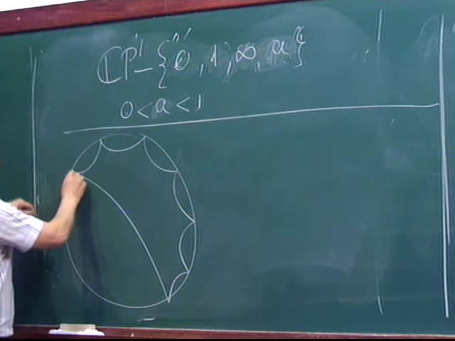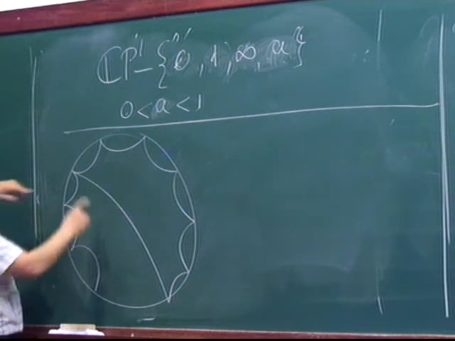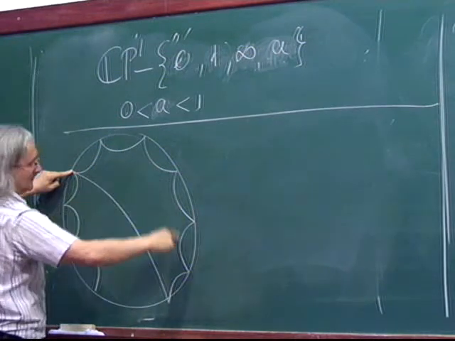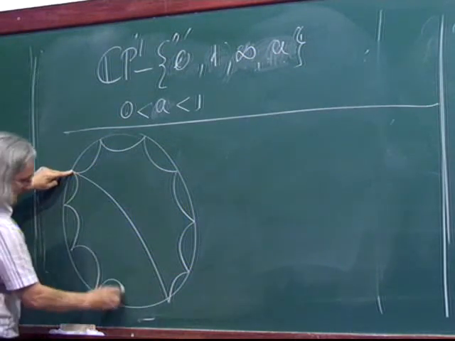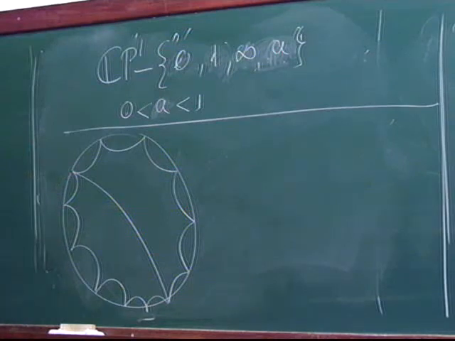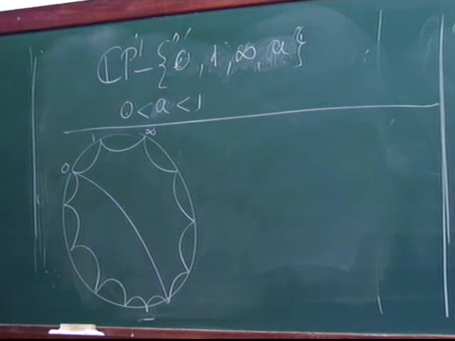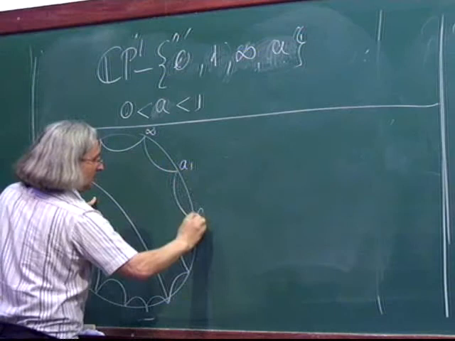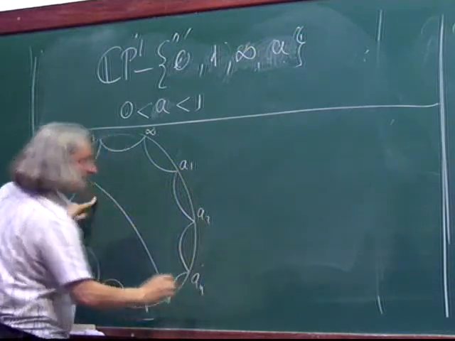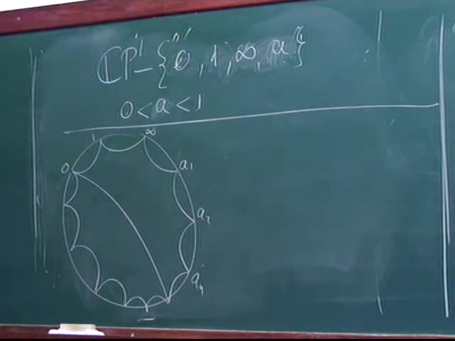Take its reflections. And this is the same game. But now, you can fix 0, 1, infinity. And now the parameters are the A1, A2, up to AN. And we have exactly the same situation that we had in the case of Schwarz-Christoffel.